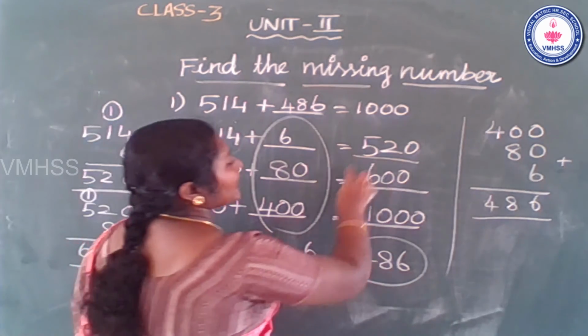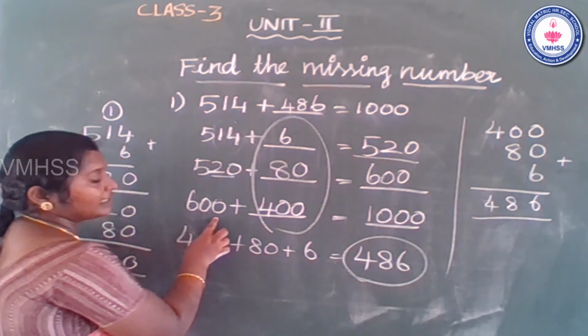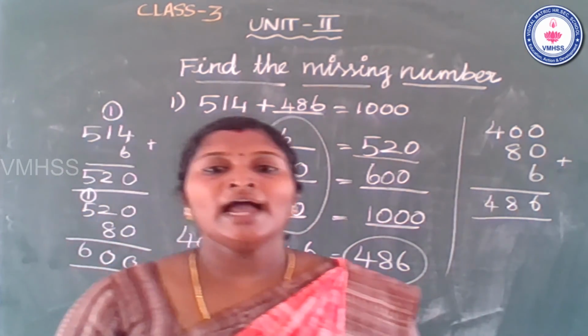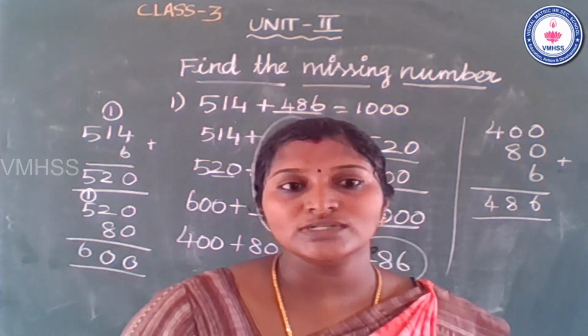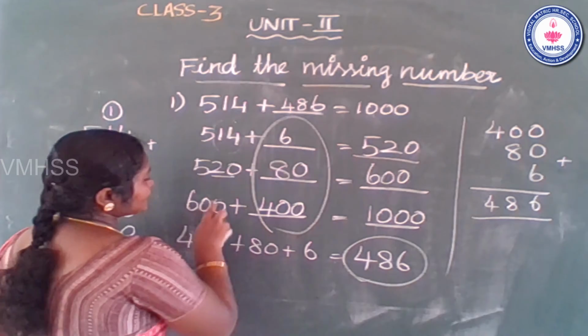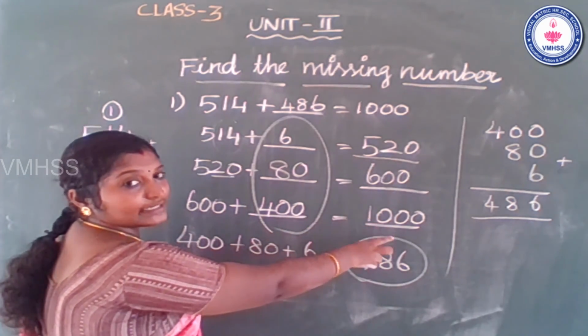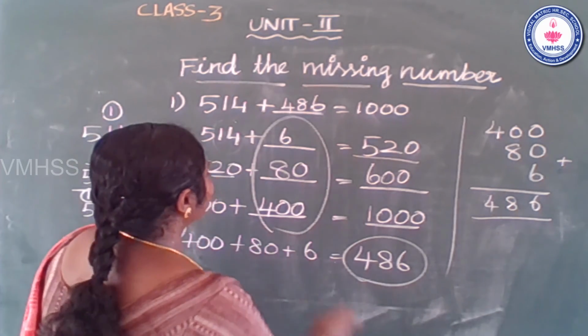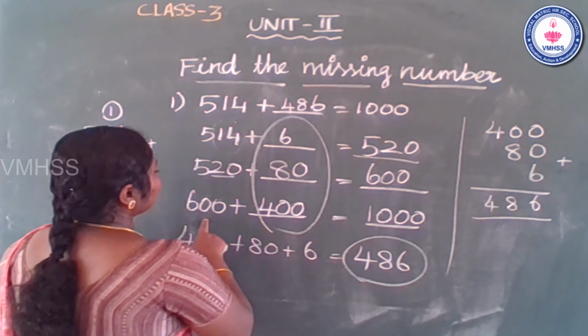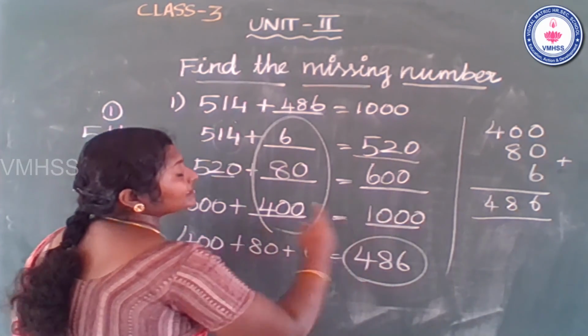So you take this answer 600. So what is the next step? Add to the sum in step 2 to take it to 1000. Okay. So 600. Which number are you adding? You get the answer 1000. Students. Very good. So 400. So 600 plus 400, we get the answer 1000.